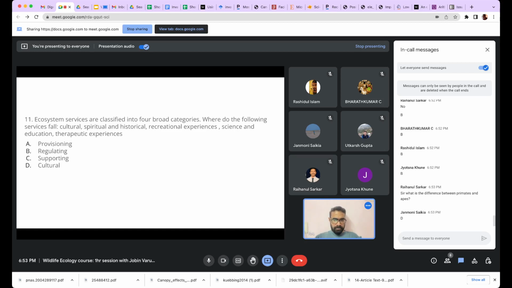Yeah, so primate is an order. It includes monkeys, apes, human beings, lemurs, tarsiers, and apes are basically tailless primates. So all the apes. I think orangutan is also an ape.